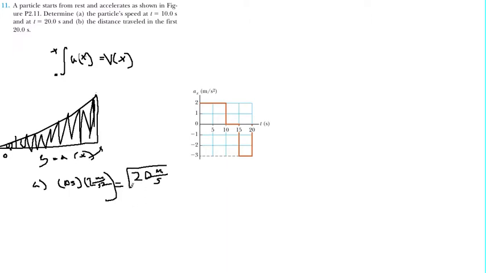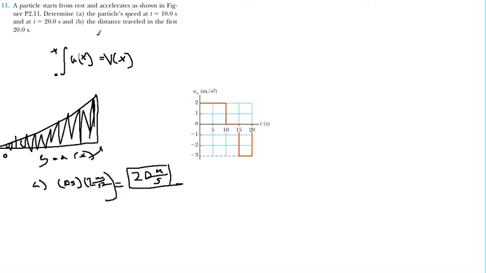So we already have that done, because that's the total area under the curve of that function. And at t equals 20 seconds, you see that during this interval there's no acceleration going on, so that has an area of 0. However, here, this is going to be 5 seconds, because 20 minus 15 is the delta, times negative 3.